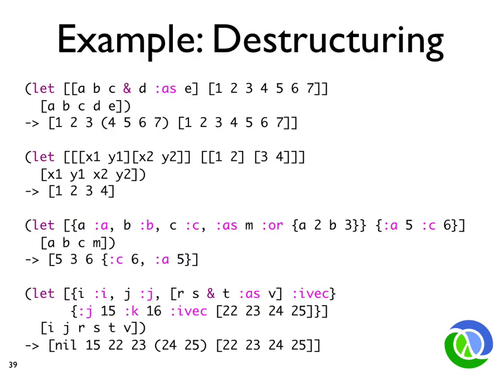Unfortunately, I think these examples are a little bit too verbose, but this first one we might be able to understand. So let, and there's not a simple name here. The first thing is a vector. So we're going to bind a to the first thing, b to the second thing, c to the third thing, d to the rest. And we're going to call the whole thing e.